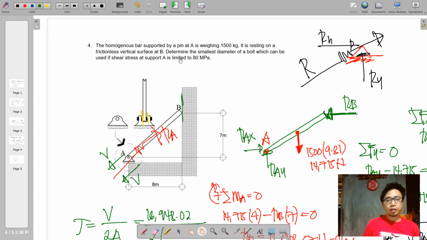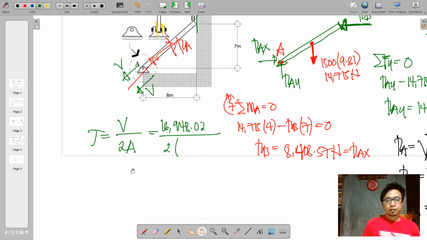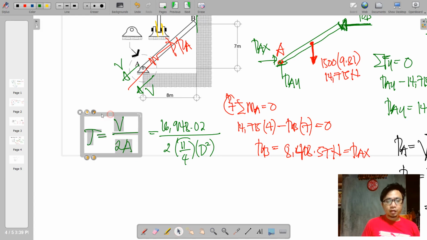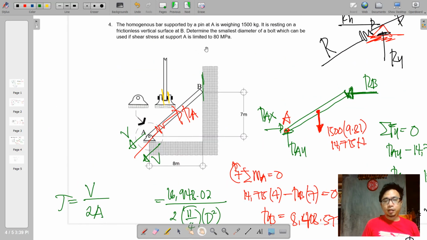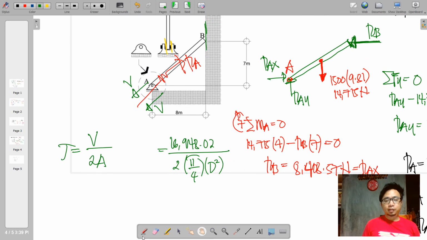Actually we are getting the diameter, so pi over 4, diameter is unknown, so this is diameter squared. Perhaps we can place here the value of the allowable tau. In your problem, it is 80 megapascals.